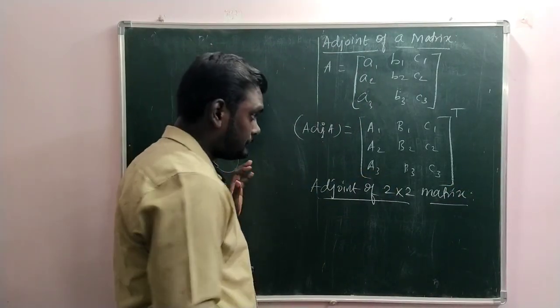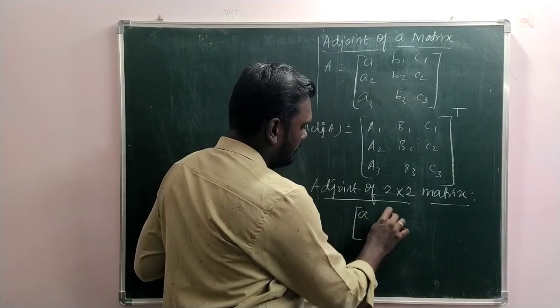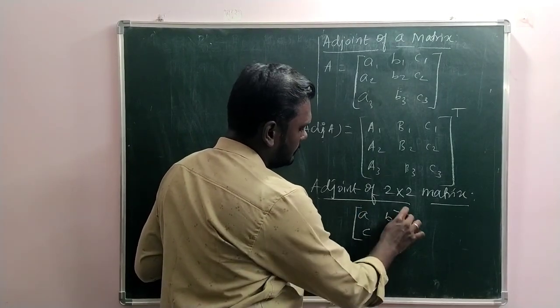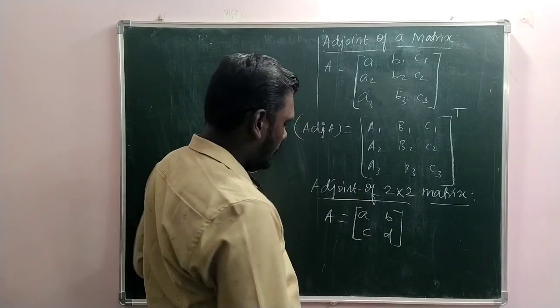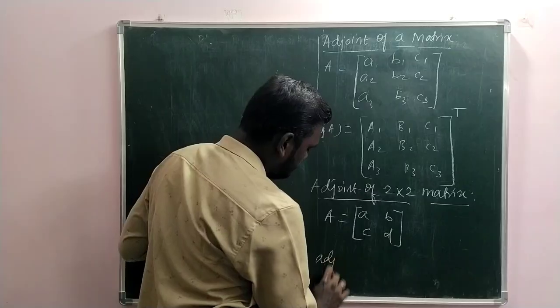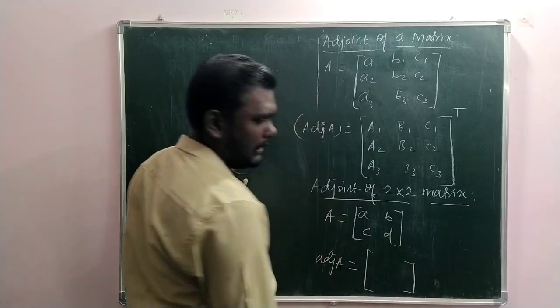See, you take one 2 by 2 matrix, that is A, B, C, D. This is a 2 by 2 matrix. We call it A. And the adjoint of A is what? The transpose of the cofactor matrix.